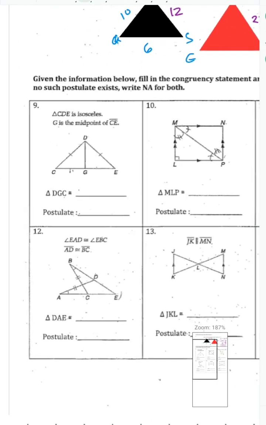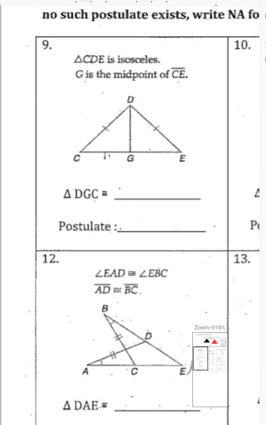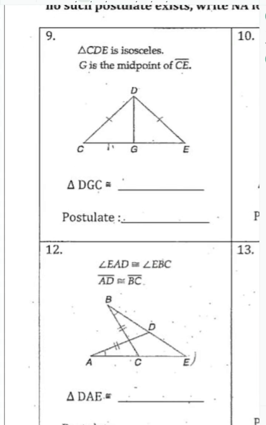Okay, no such postulate exists. Write an A for both. Okay, 9. Triangle CDE is isosceles. G is the midpoint of CE. Okay, so that means this one, GD, is congruent to GD. Common side.